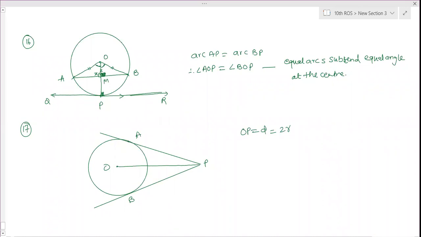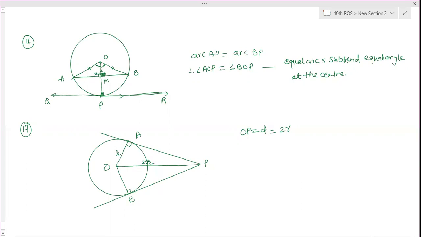And what is OA? Radius. OP is double radius. We have to prove APB is an equilateral triangle.